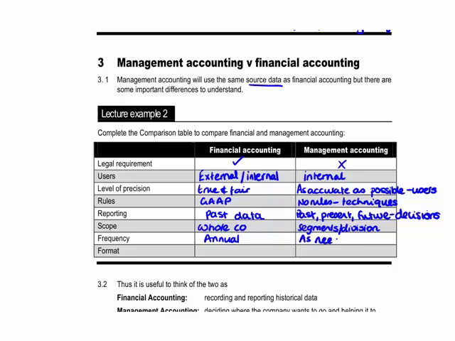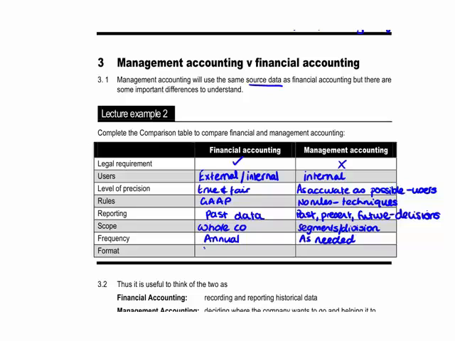Management accounts will be as needed. Some management accounts will be prepared monthly, some might be done quarterly, and at certain times of the year in certain businesses there might be information that's prepared daily, for a retailer perhaps in the run-up to Christmas. Sales might be considered daily so they can make changes and implement promotions if they're not hitting targets.